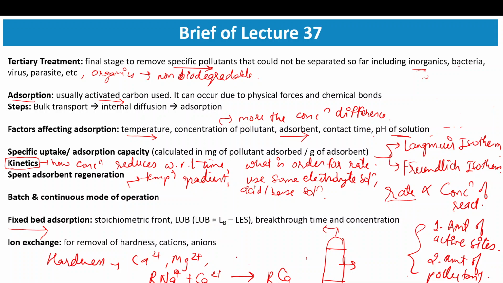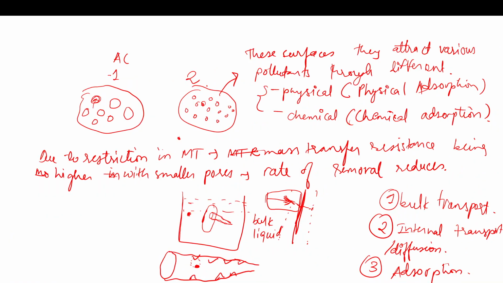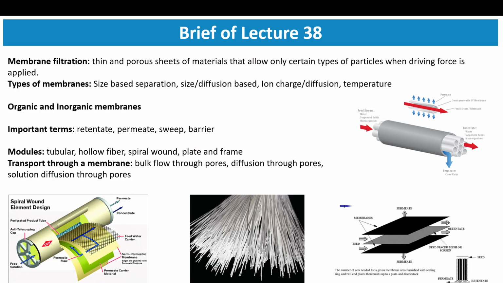For example, if you want to regenerate the R2Ca, you can add NaCl. Now this Na will replace the Ca to form RNa, and you get CaCl2 formed again. So there is an exchange of ions, and hence the name ion exchange process.